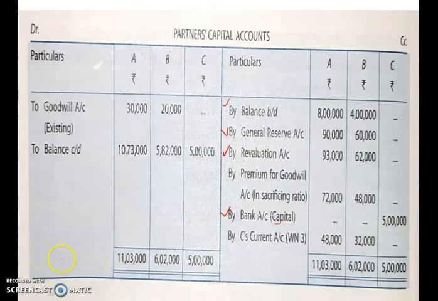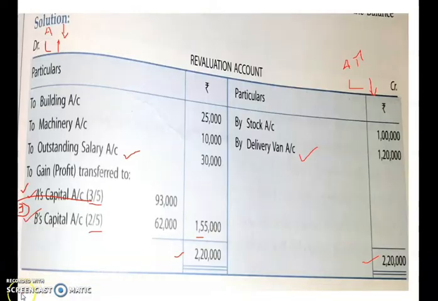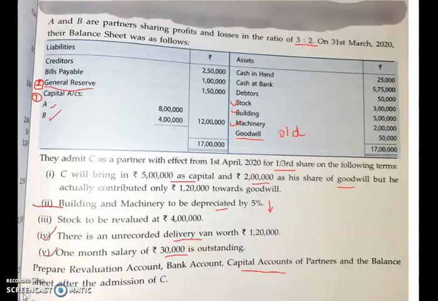Okay, now the next item is the goodwill. Let us move to the goodwill part and see what they have given over here. It is given that goodwill is 2 lakh, but he has brought only 1,20,000 as a part of goodwill. Before that, see there, I have underlined one goodwill over here also. This is the old goodwill, and as I mentioned earlier, this old goodwill should be written off to the old partners in the old ratio.